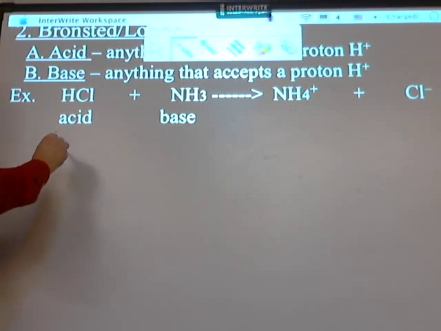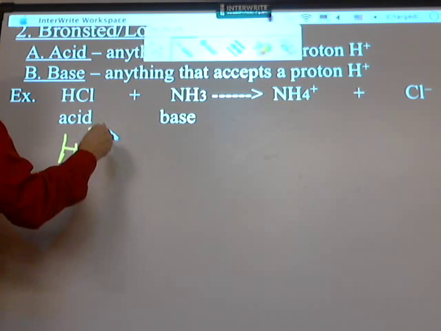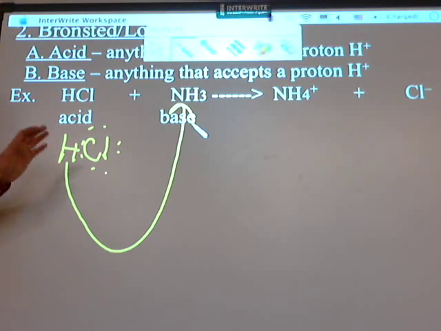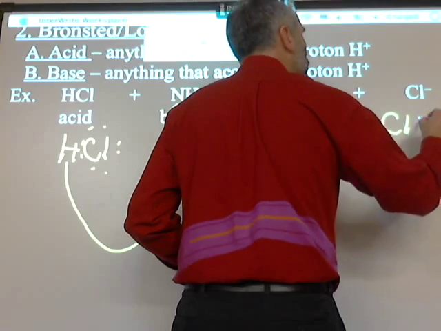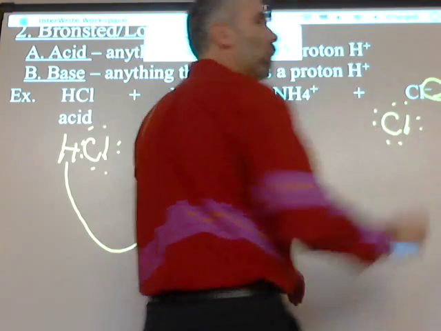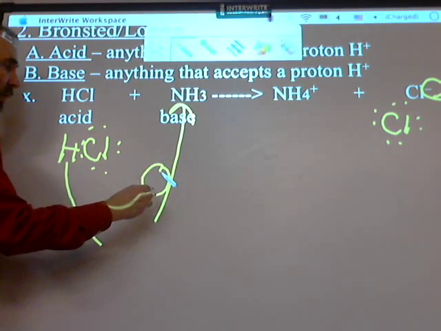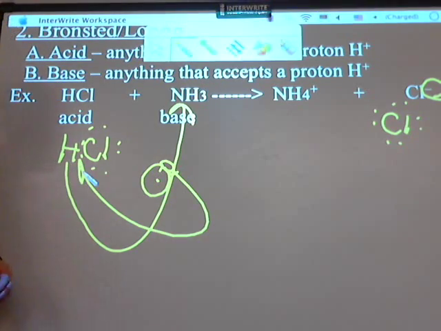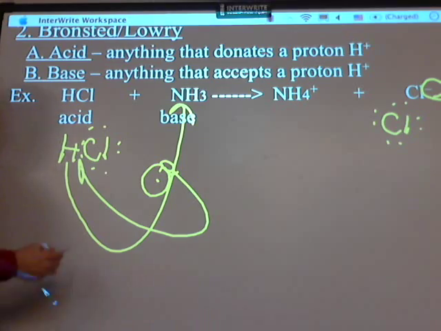You realize when HCl, here's its electrons, when the H leaves and goes over there, it does not take that electron with it. So what's left behind? Chlorine now has 8 electrons and a -1 charge. So all you're adding is just one proton. The electron is gone. It's still there.